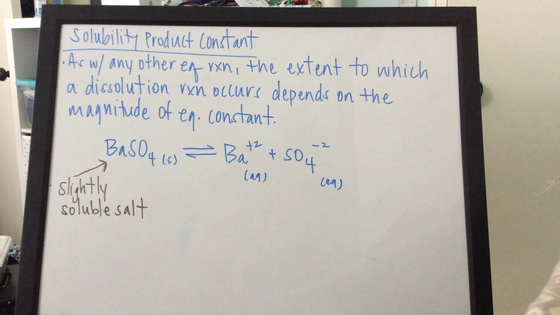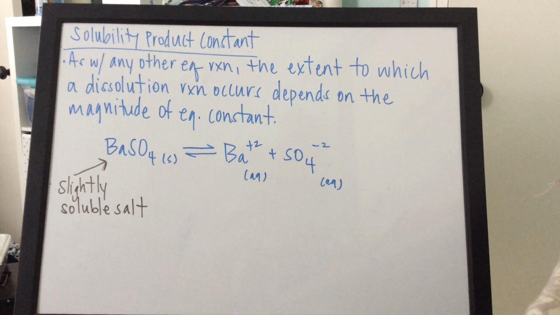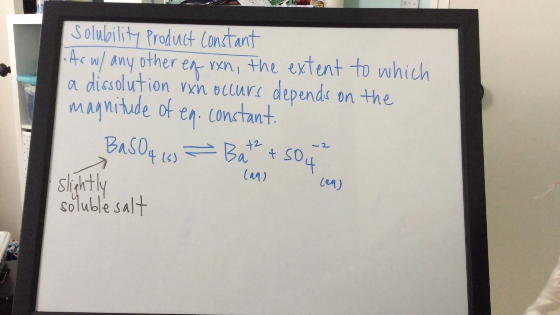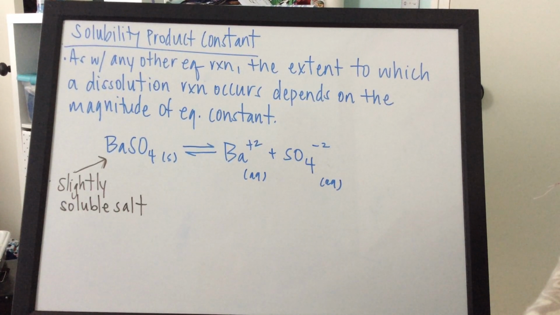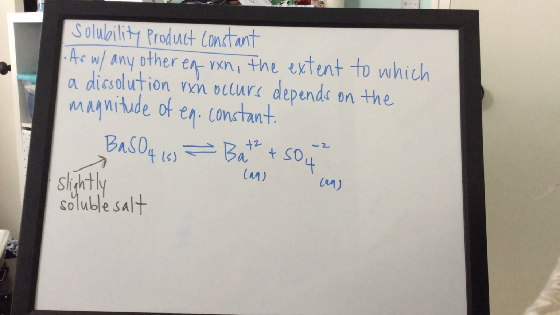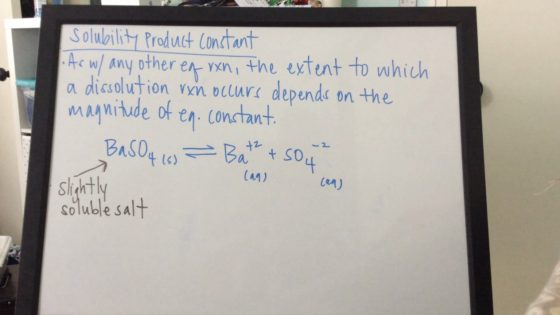It's just that there are a lot that are referred to as slightly soluble. Those that our solubility rules would tell us are insoluble, the likelihood of us dissolving anything is relatively low. They're really slightly soluble compounds. They're not insoluble. And so that's what this discussion is all about today.